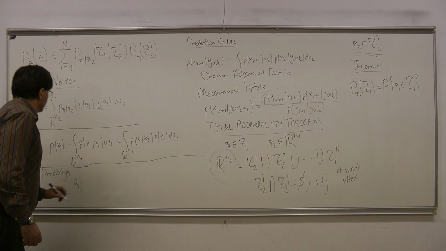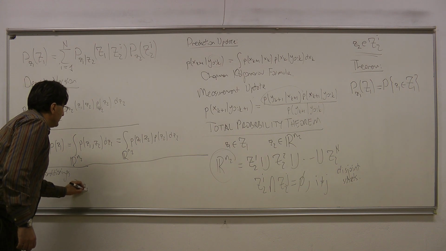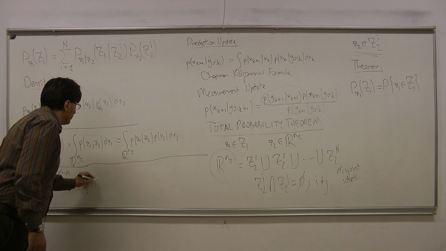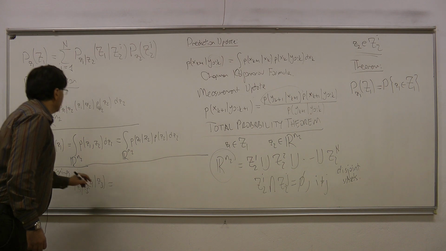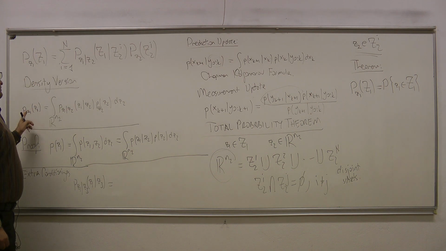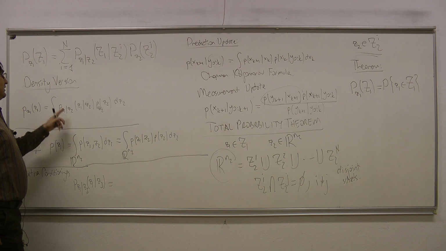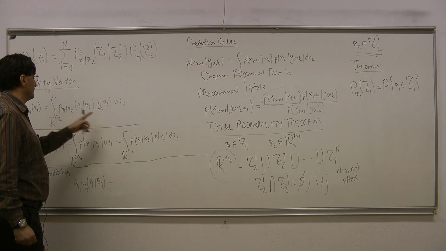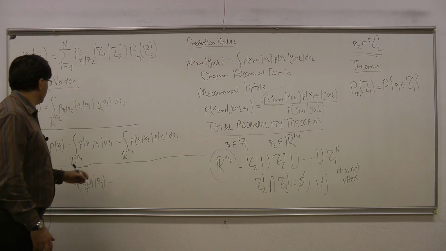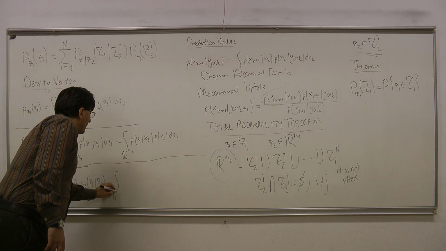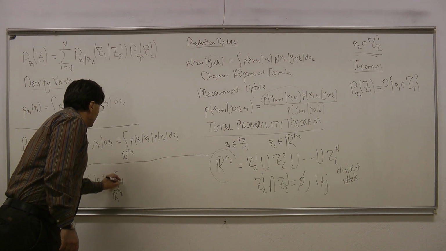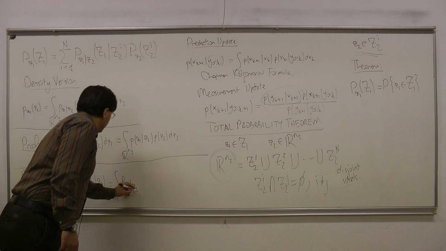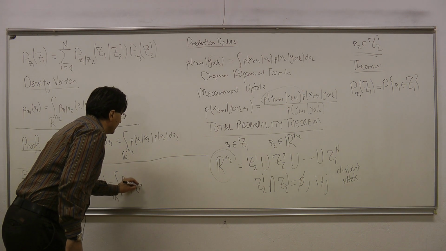PZ1 given, I will here add an additional random vector Z3, okay? And I have here Z1 given Z3, then the total probability theorem just tells us that you need to add that conditioning here and here into these two distributions, and you're then fine. So I have Rn2 here, and I have PZ1 given Z2, and the additional conditioning Z3 here.